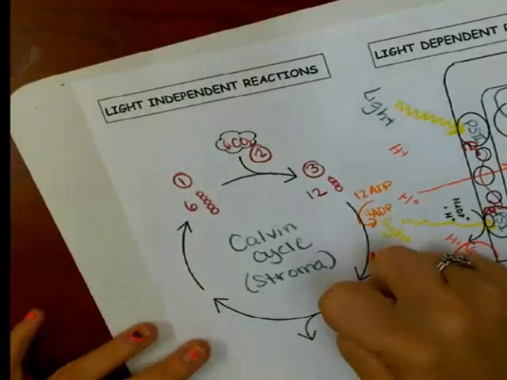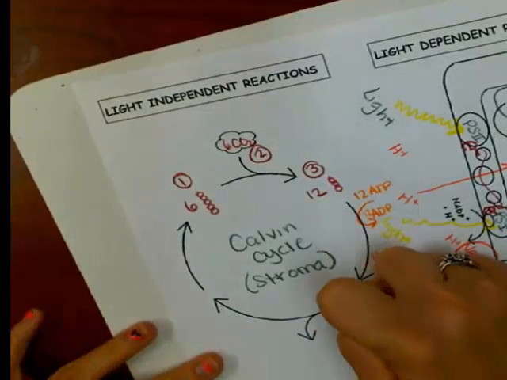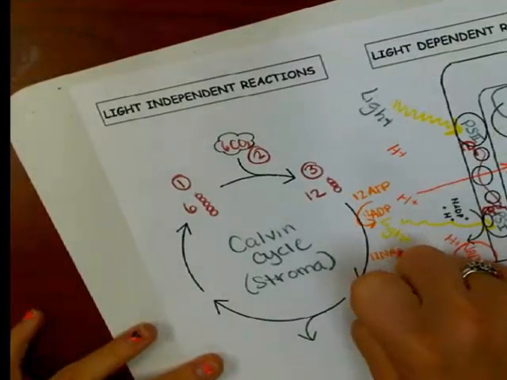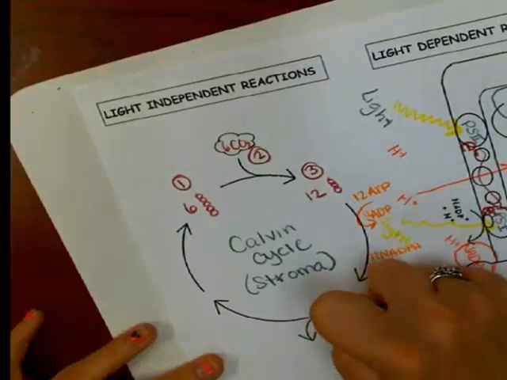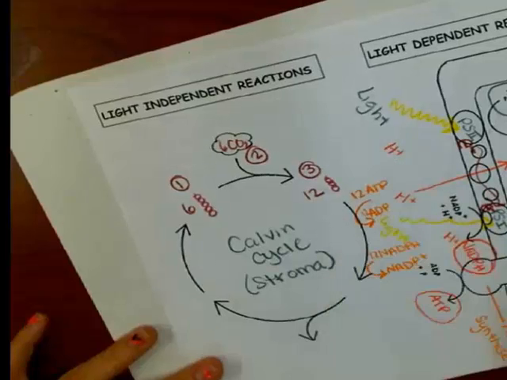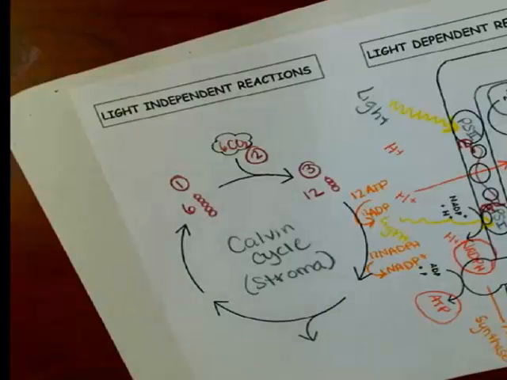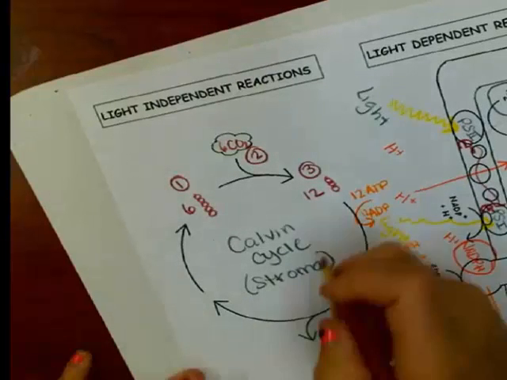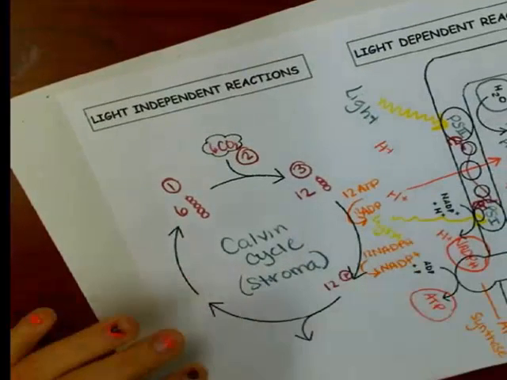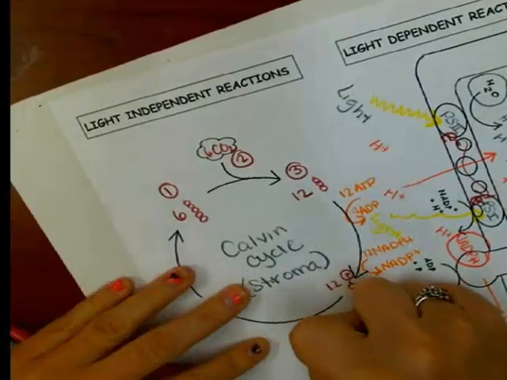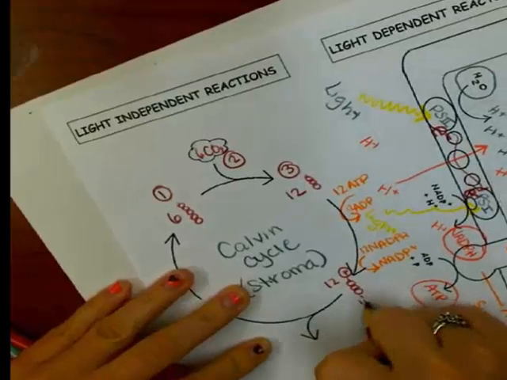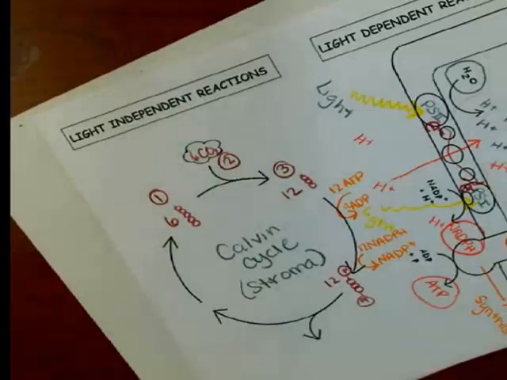Then we also take the electron and the hydrogen ions from the 12 NADPH, which transfers into NADP+. So we have 12 molecules of sugars that have a phosphate group, which was given from the ATP, with 3 carbons and hydrogens. Now we have 12 of those molecules.